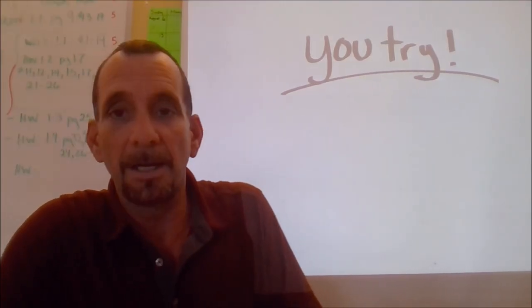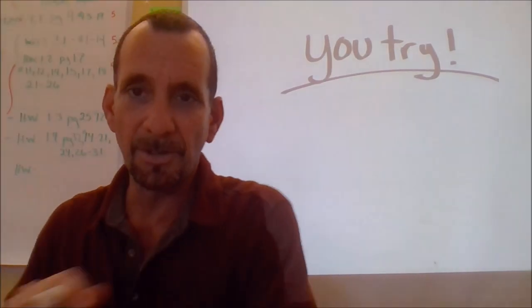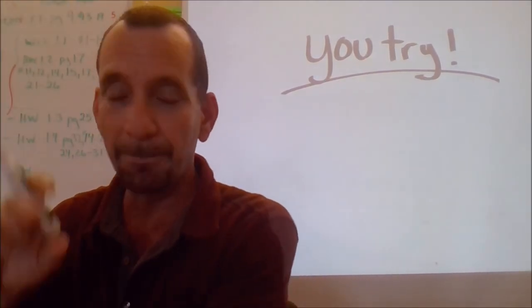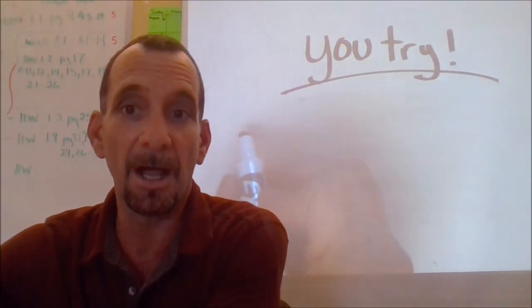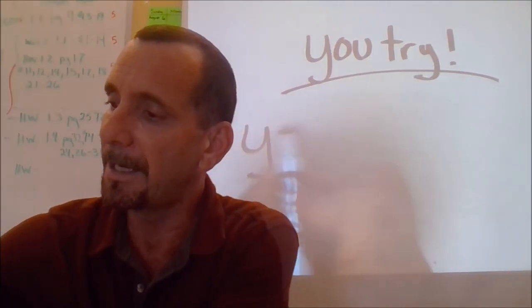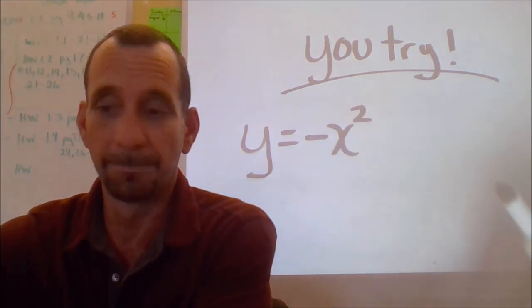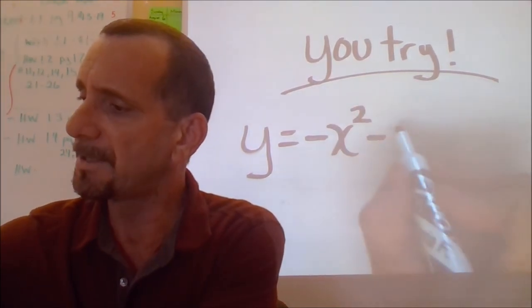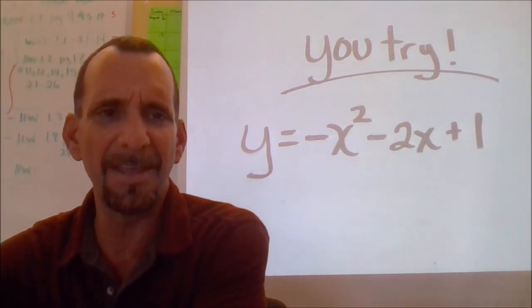Let's try one in standard form and one in vertex form. The ones I'd like you to graph on your own by really plugging in some points and finding that vertex, and then finishing it off using the axis of symmetry: y equals negative x squared minus 2x plus 1. Try that one on your own.